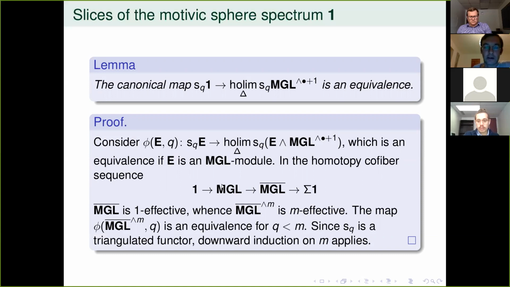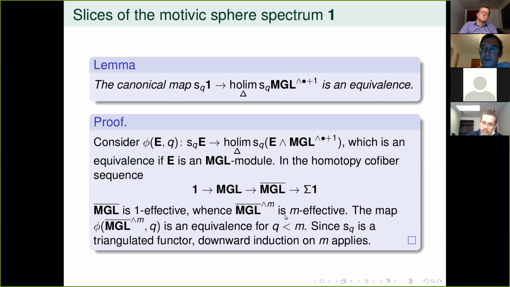And then we look at the unit map for MGL, and we take its homotopy cofiber, MGL bar. Because we already know what happens on the level of the zero slice, the zero slice of the sphere is the zero slice of MGL, so the zero slice of MGL bar is contractible, and this means that it's one effective. If we take smash powers of it, this is then going to be m effective, the m-th smash power.